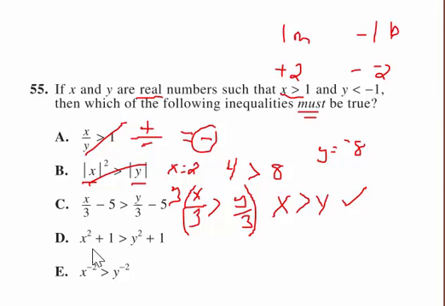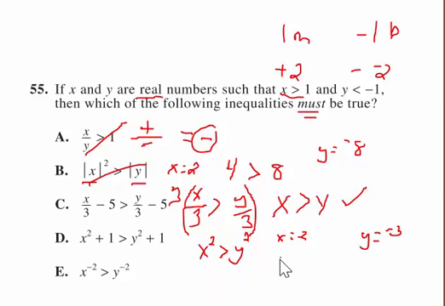D. I'm going to do the same thing on D. I've got this plus 1 on both sides, so I'm going to subtract 1 from both sides, and I'm going to get x squared is greater than y squared. Well, let's try this with x equals 2 and y equals minus 3.